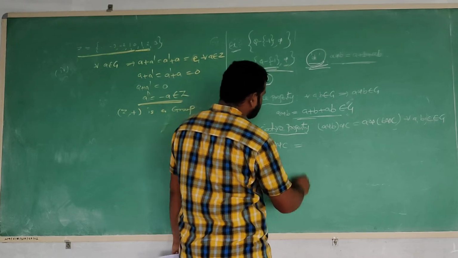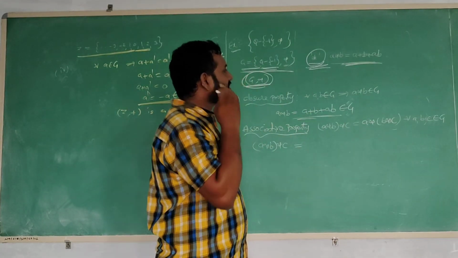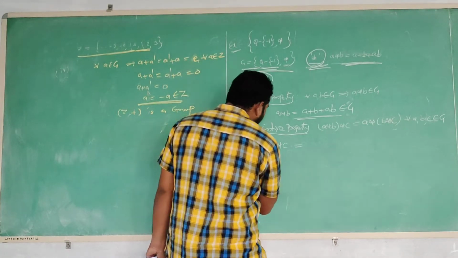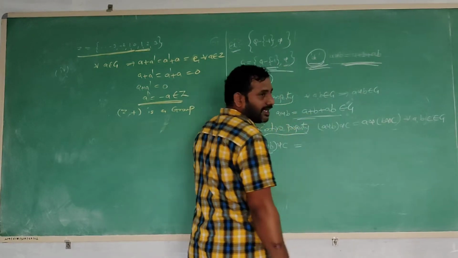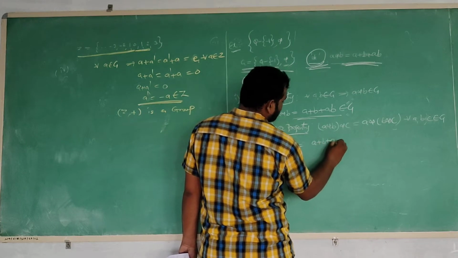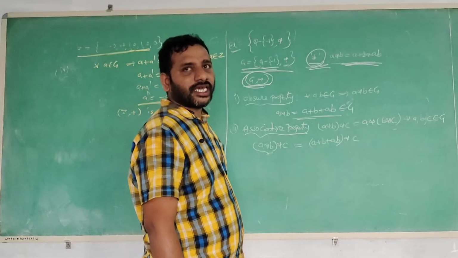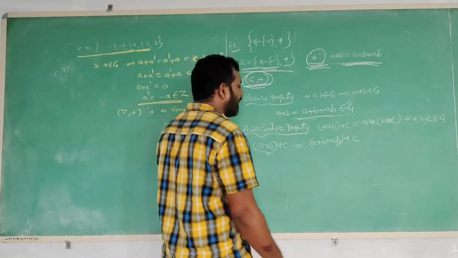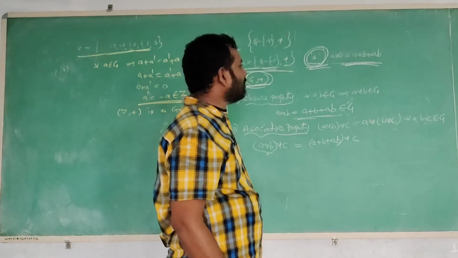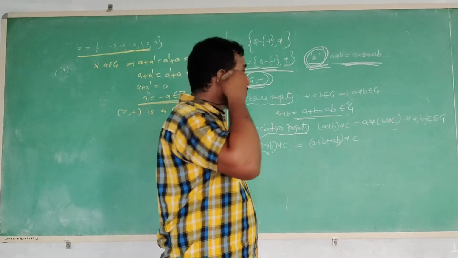Here the operation is defined by a star b equals a plus b plus ab. Applying the operation to a star b, this can be written as (a plus b plus ab) star c. Again, this is a, this is b, and the operation star is defined by a star b equals a plus b plus ab.